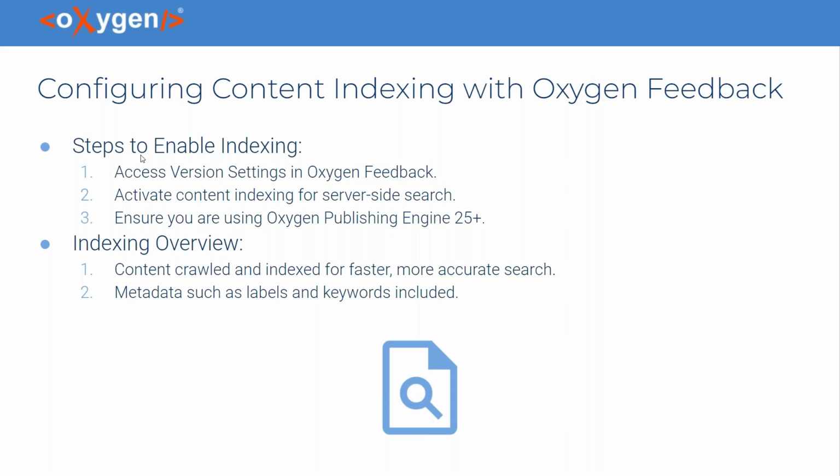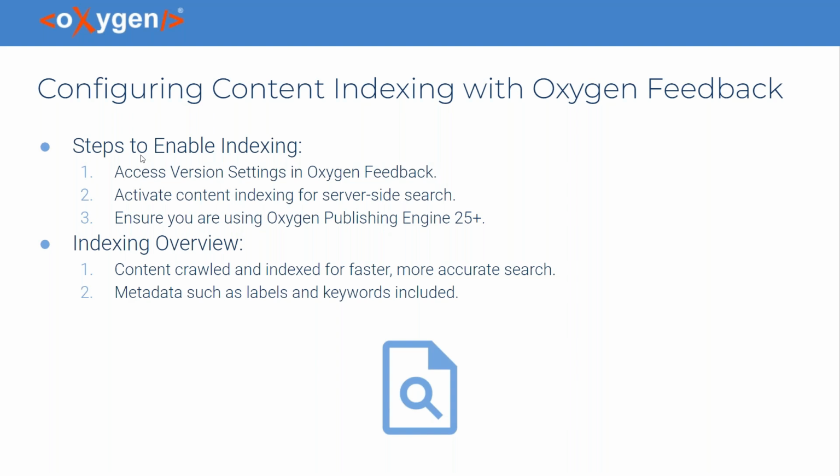Unlike the default client-side search engine in WebHelp, this server-side indexing makes searches faster and more precise. The indexing process not only catalogs the text of each page, but also includes metadata like labels, keywords, and descriptions. This provides a richer, more powerful search experience for your users.